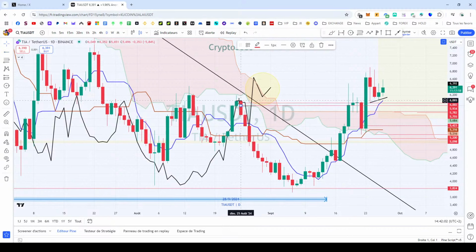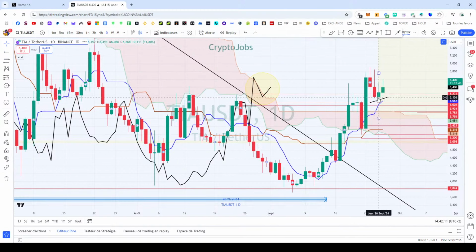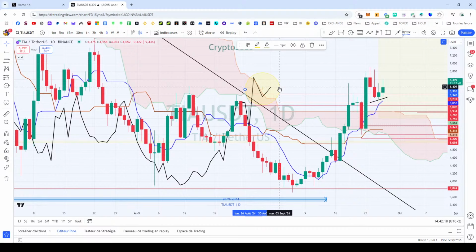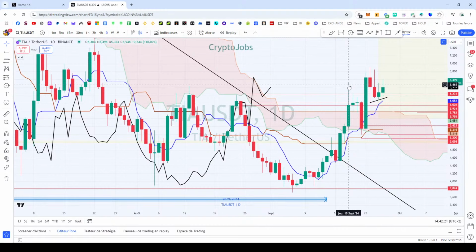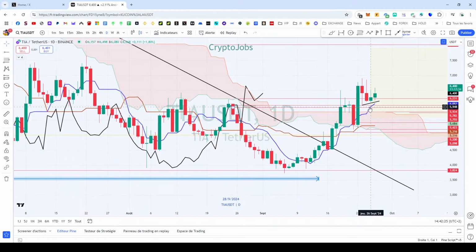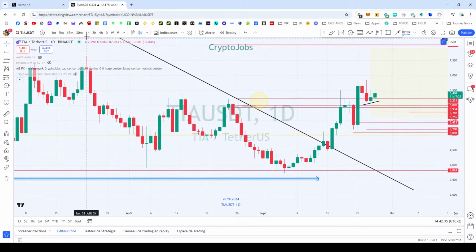But if you know what the lagging span is, here you can see that the trend line at this level acted as big resistance, and that's why we saw this correction, because we had these hidden resistances. So without Ichimoku, no one can tell that this level would act as key resistance. That's why on Twitter, on my other media, I called for this bullish retest before the breakout, and now we confirm it with a clean cup and handle pattern.